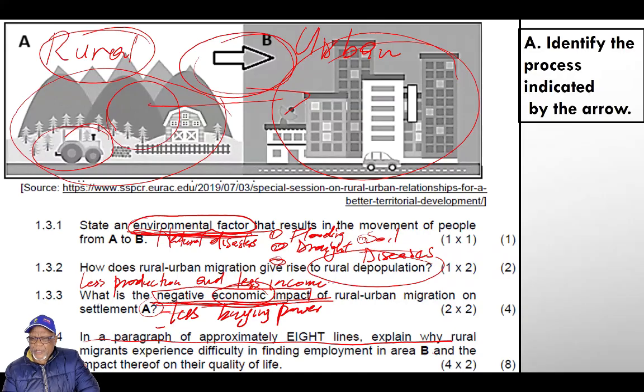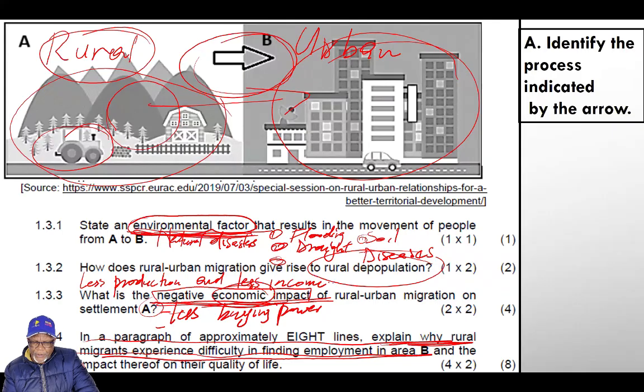Number one, now you must be careful. This question has got 2 parts. It says, explain why rural migrants experience difficulty in finding employment in urban areas.